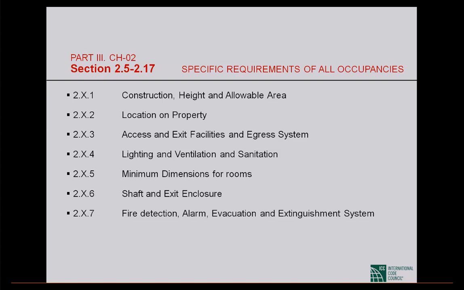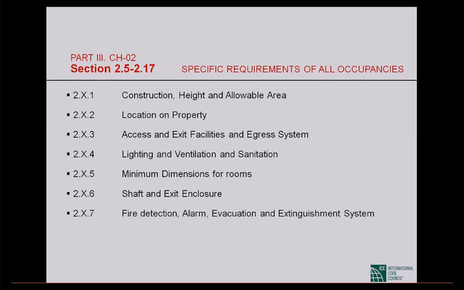So when we go to the first occupancy, like residential occupancy, we will find that there are provisions at the very beginning for construction height and allowable area. Then there will be a subtopic called location on property.